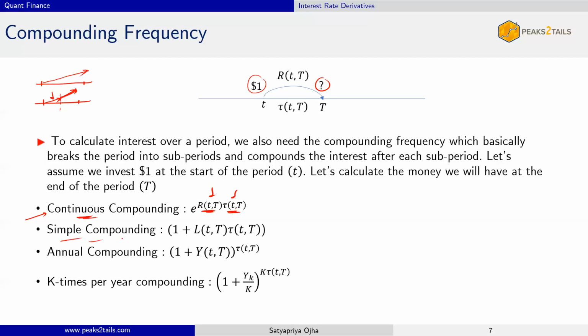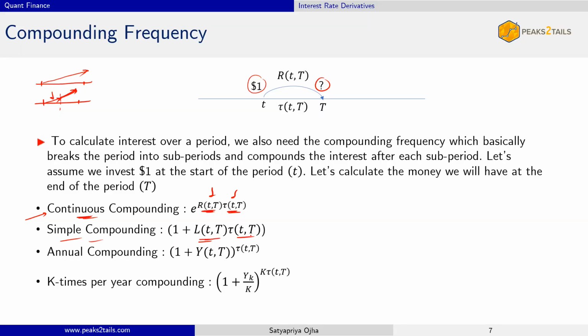Next, simple compounding. In simple compounding, we are not compounding multiple times, it's just linear growth. Let's call the rate for simple compounding L. The money that you'll have at the end of the period is simply 1 plus L times year fraction, linear growth.